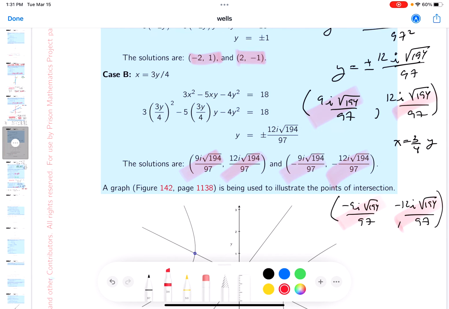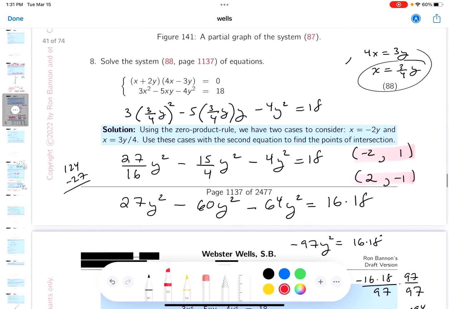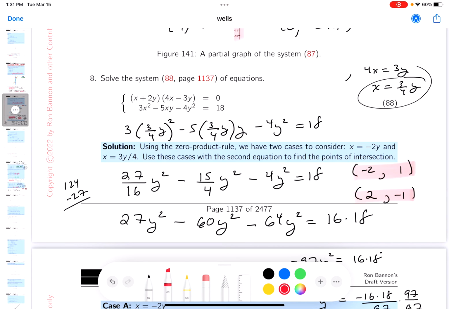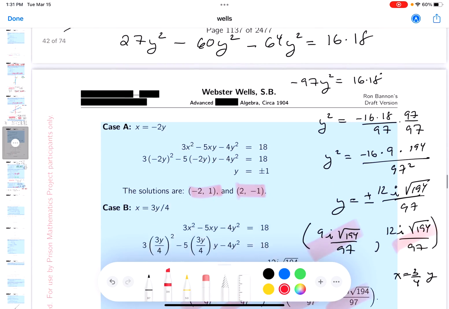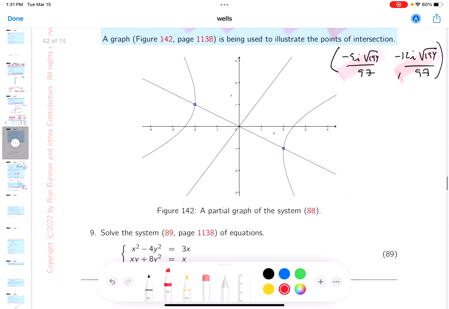I want to go to the graph now. There's going to be two graphs. I should say two lines, and then this other object here. But let's just talk about these two lines first. X plus 2y equals 0. I'm going to write that down for you.